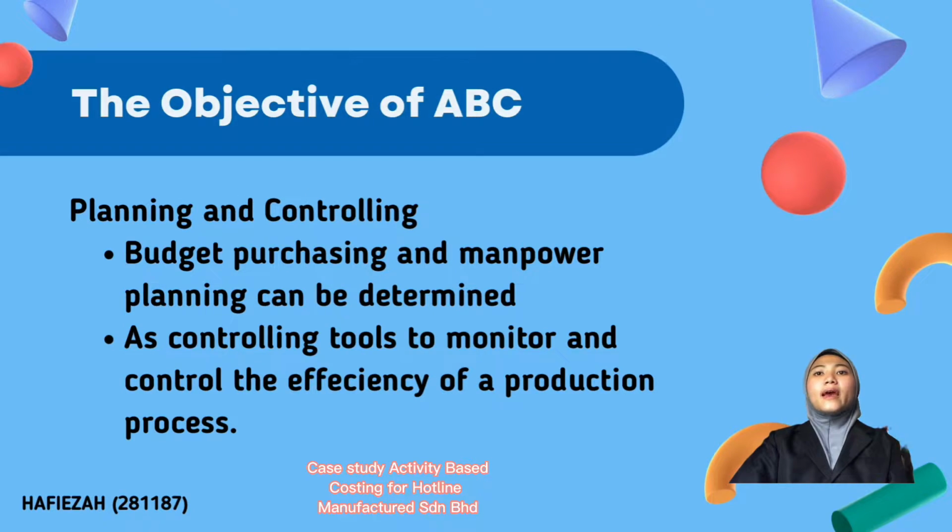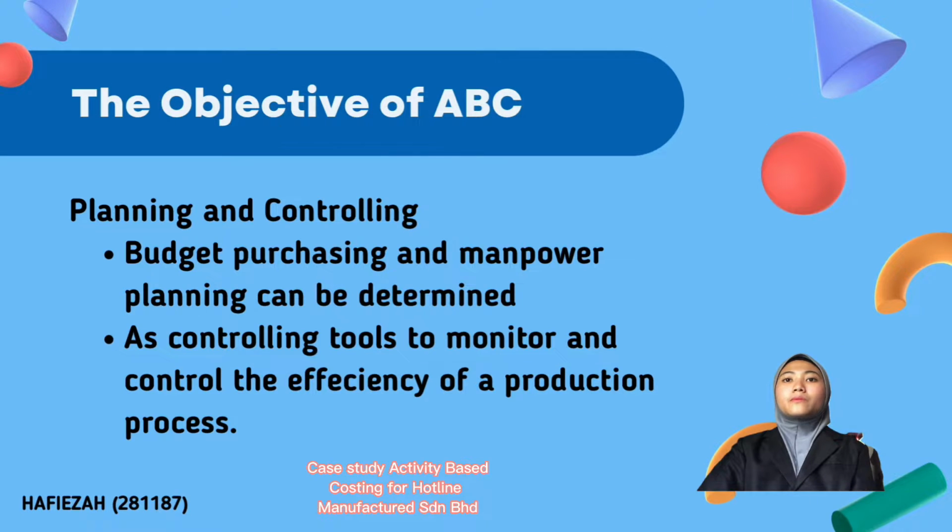Budget, purchasing and manpower planning can be determined before a new calendar year. The plan is later used as a controlling tool to monitor and control the efficiency of the production process during the year by comparing the budget with the actual performance.